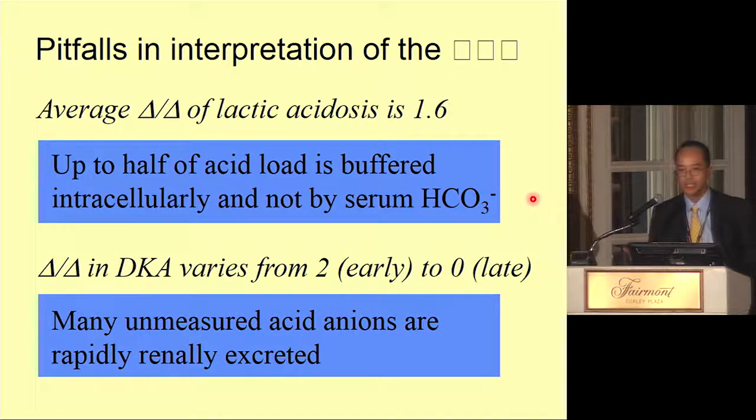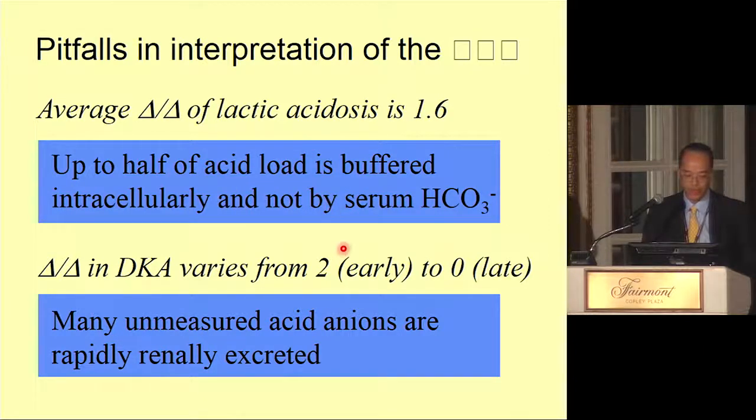You can imagine someone who has a bicarb of, say, 5, and they receive more acid load. The bicarb can't get much lower than that. So what does all that acid do? It actually goes inside the cell. So the average delta-delta of a simple lactic acidosis is actually closer to 2. It's around 1.6 in experimental studies.